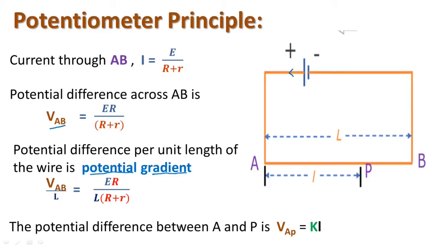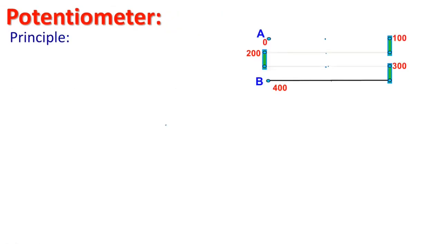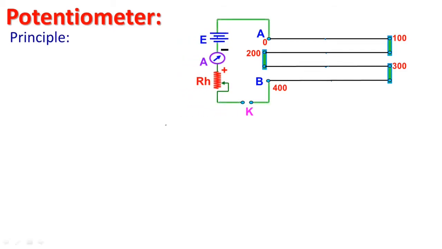The potential difference between A and P, VAP, is equal to KL, means VAP, potential difference for the wire AP, is directly proportional to length. Therefore, VAP by L remains constant, and that constant is nothing but the potential gradient. In laboratory, using potentiometer, we can find potential gradient.